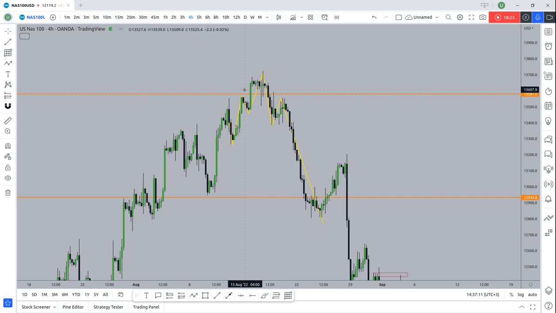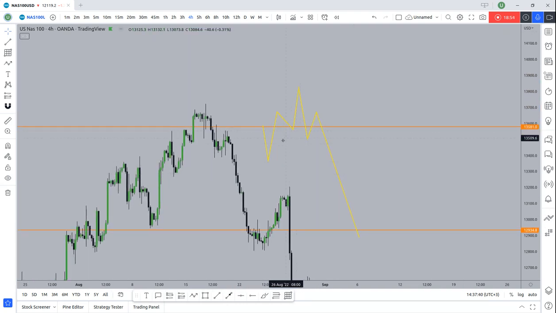You see, this high is taken out, price comes, that doesn't respect this low, we break it, price returns in here, and then we fall. So this is what it looks like.